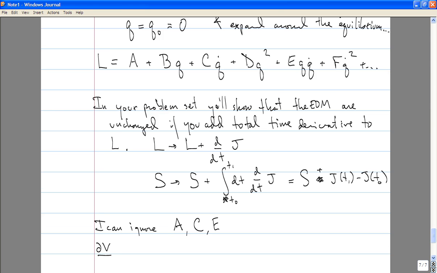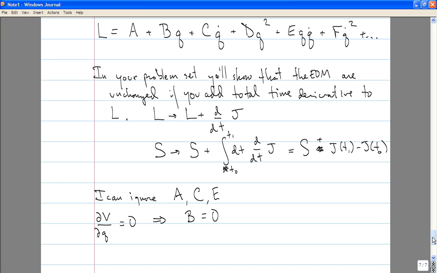So looking for an equilibrium point where dV by dq is equal to 0 implies that b is equal to 0. What that means is that the Lagrangian of the small perturbations around an equilibrium point at q equals 0 will take the form f times q dot squared plus d times q squared.